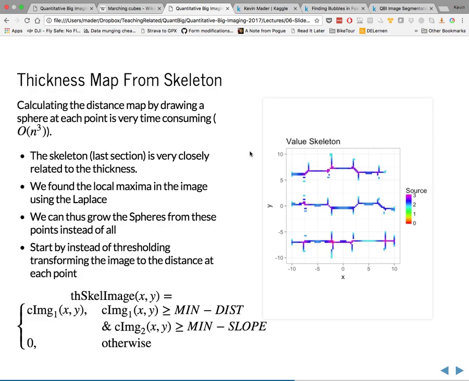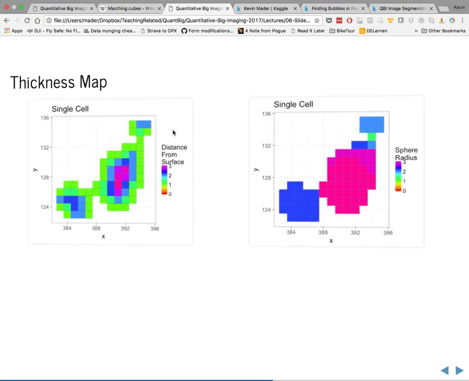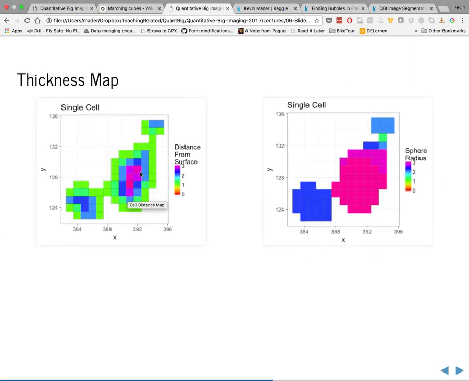So this skeleton, these local maxima on our distance map, show us where those spheres are that have the largest radius in a given region, because they are the local maximum of the distances that we have. And so we know the distance map shows us at each point how far away you are from the boundary, and the skeleton then shows us this point here.